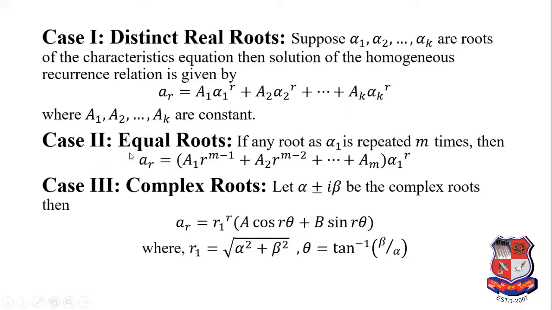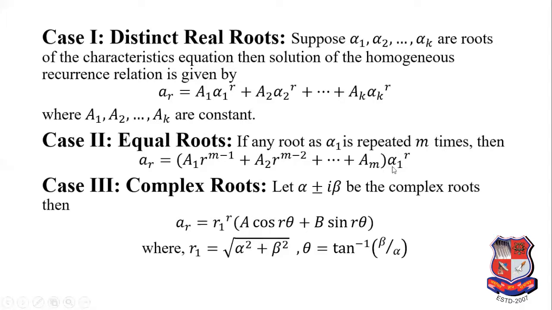Case 2, in the case of equal roots. Suppose the root is alpha 1 and that root repeats m times, then the solution is represented as a(r) equal to A1 r to the power m minus 1, plus A2 r to the power m minus 2, plus and so on, Am, into alpha 1 raised to r.